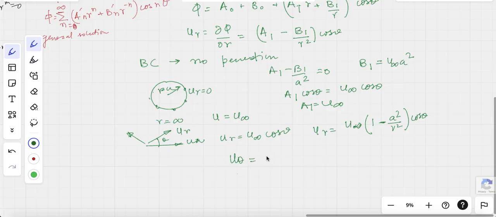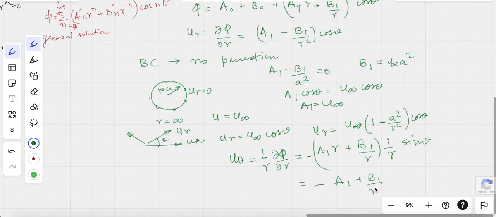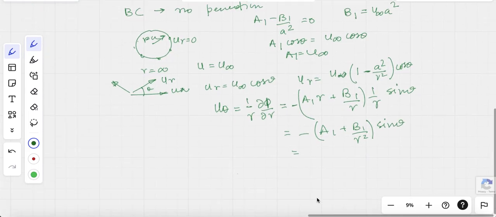U theta is equal to minus 1 by r d psi by dr, which is minus a1 plus b1 by r square sin theta, which is minus u infinity 1 plus a square by r square sin theta. This is u theta and this is ur.